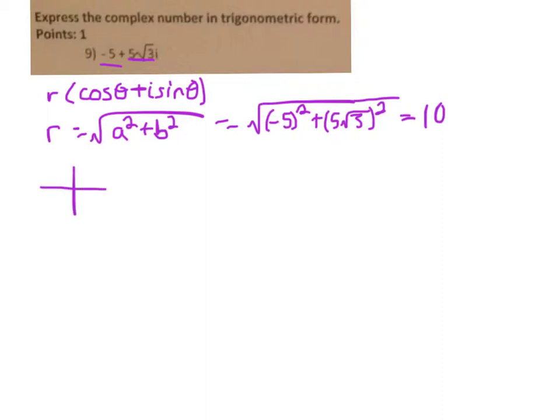So this complex number, -5 plus 5 square roots of 3 i, is also a point in the complex plane where you go left 5, because it's -5, and then up 5 square roots of 3. And so we can look at that triangle.